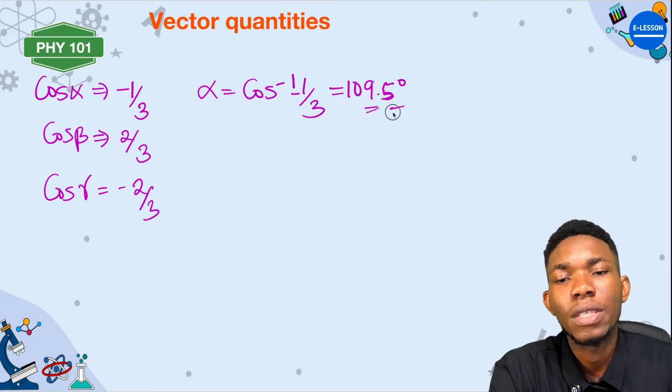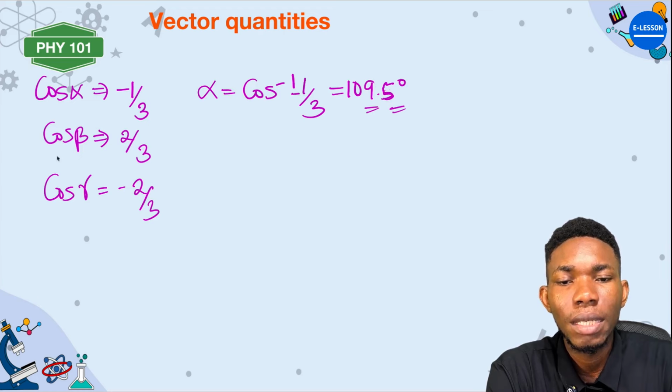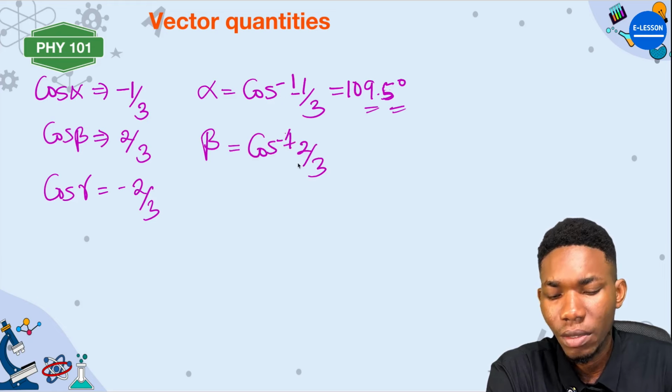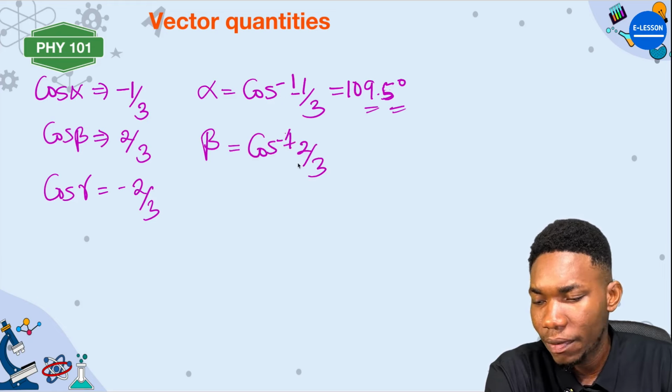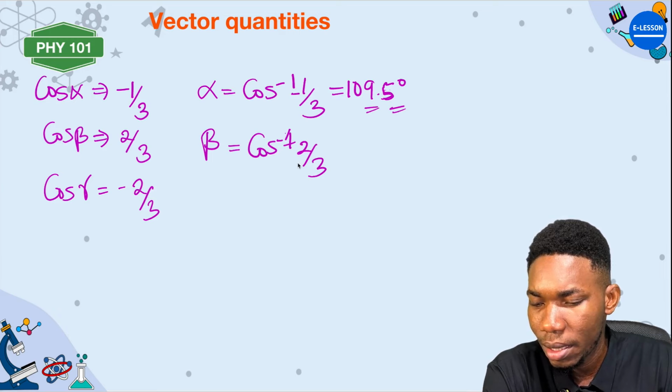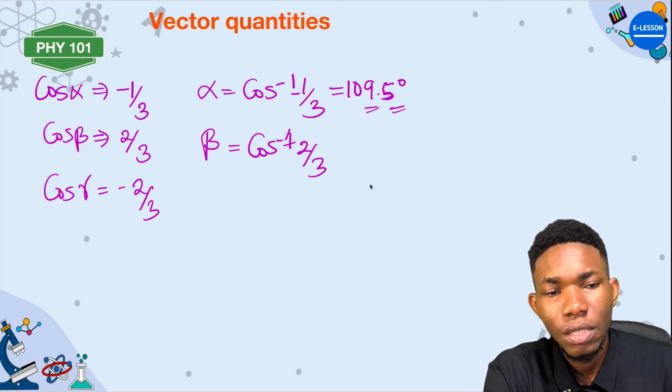So that is the directional cosine for that. Now the next one is the directional cosine for this one. Beta will be the cos inverse of 2 over 3. You can press 2 over 3 first, 0.6666, then shift cos. This one gave us 48.2 degrees.